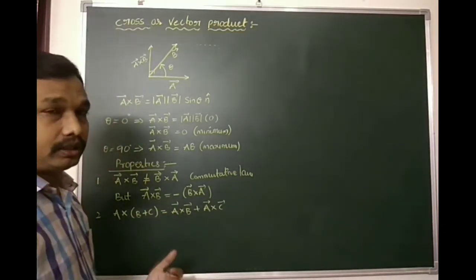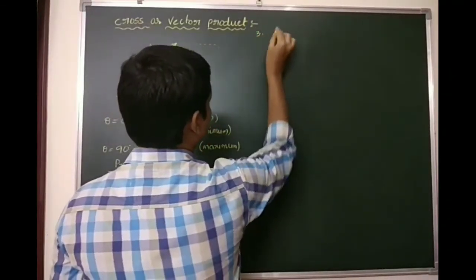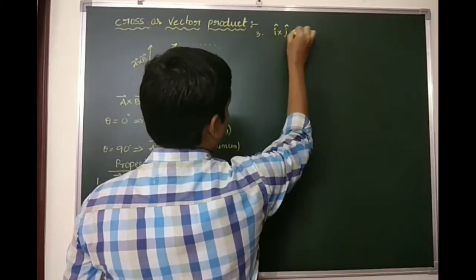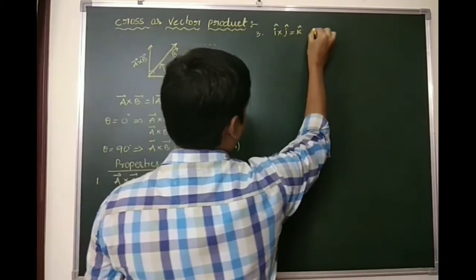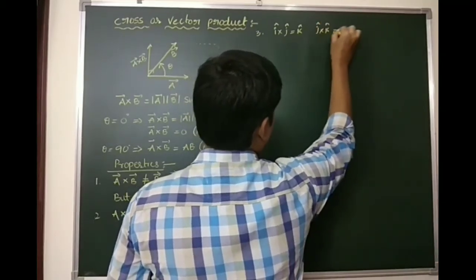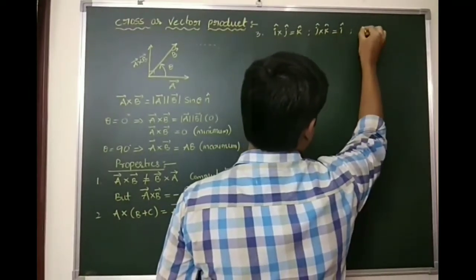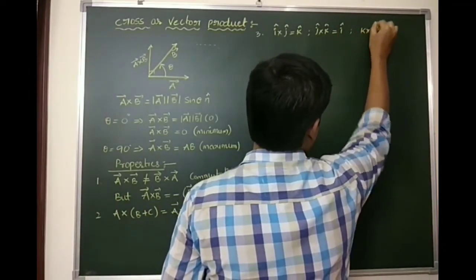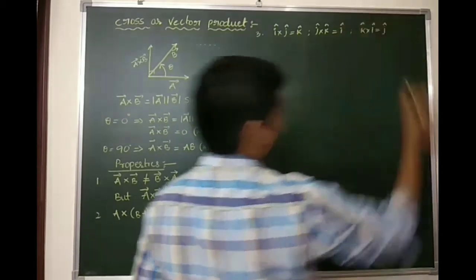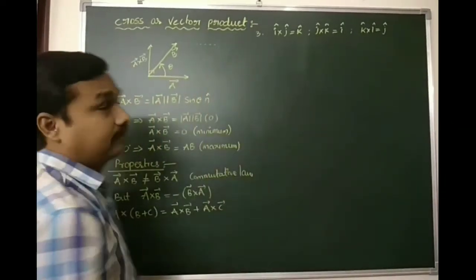Before doing the cross product, I am going to tell you one point. I cross J equals K, J cross K equals I, K cross I equals J. According to the cross product, we are getting this.